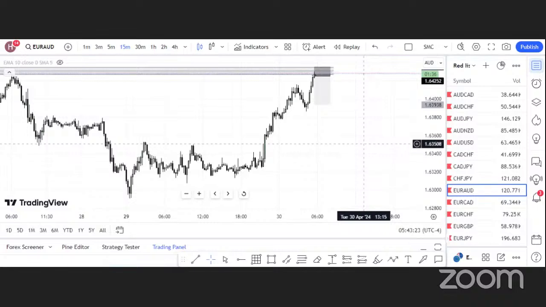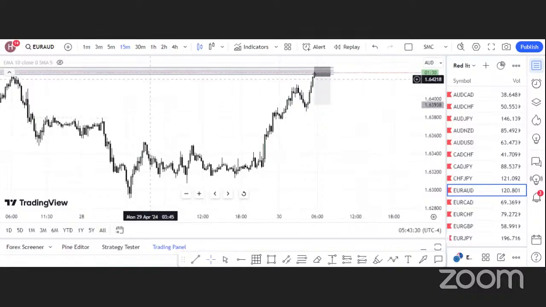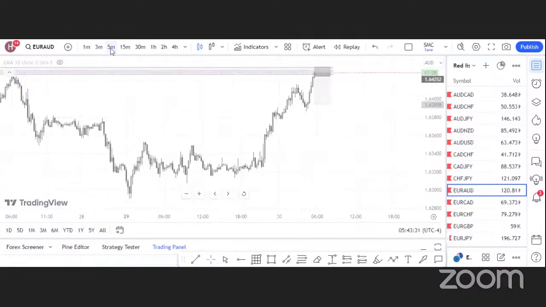All right, less than 2 minutes to the end of this current candle. Let's go down to the 5 minutes time frame.